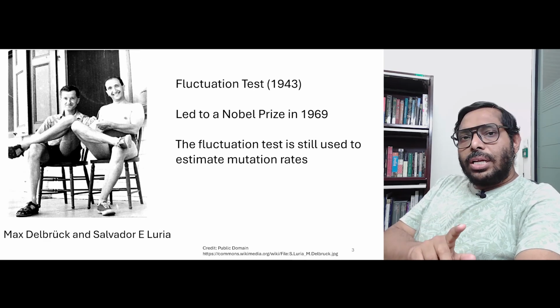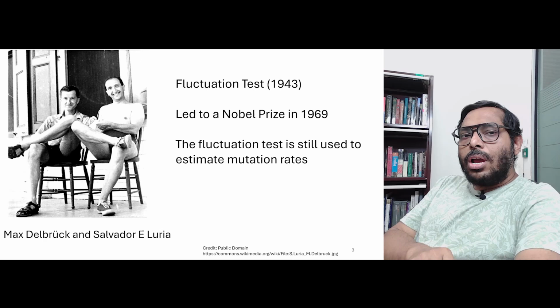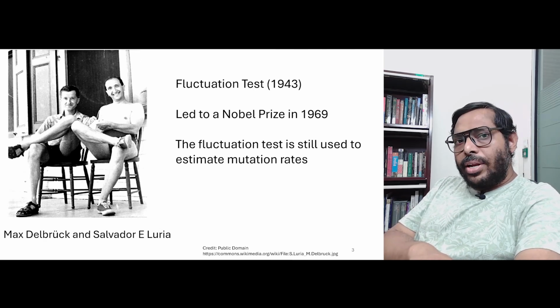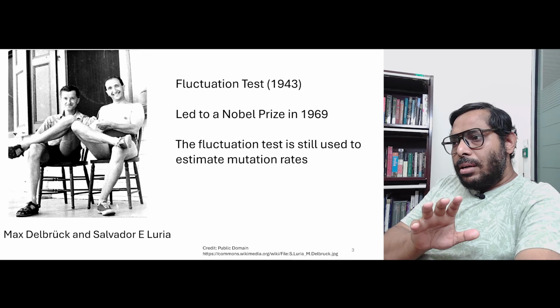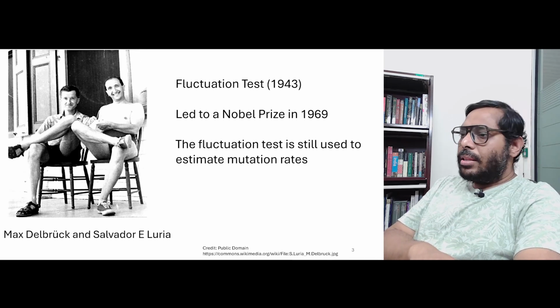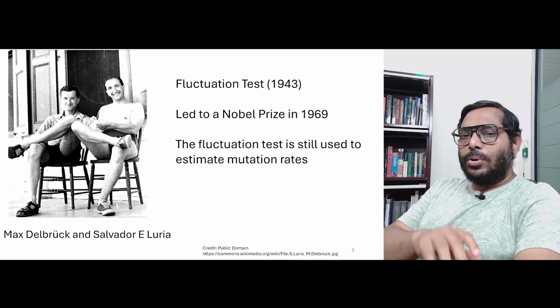Now, the fluctuation test is a very important technique, and it is still used in certain areas to estimate mutation rates. However, it is a slightly complicated technique based on properties of statistical distributions. Therefore, in the context of this course, we are not going to look at this particular experiment.